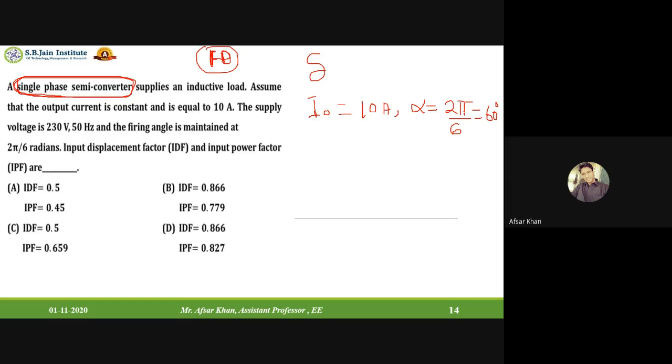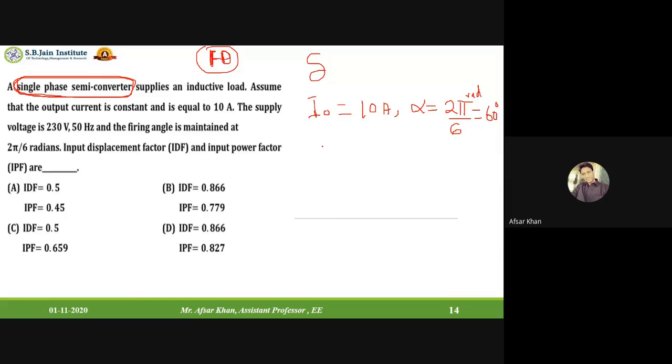This is 2 pi by 6 radian. Then 230 volt is given, but we don't require the voltage here, in our formula.